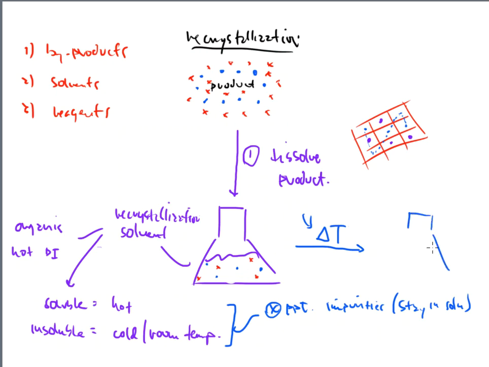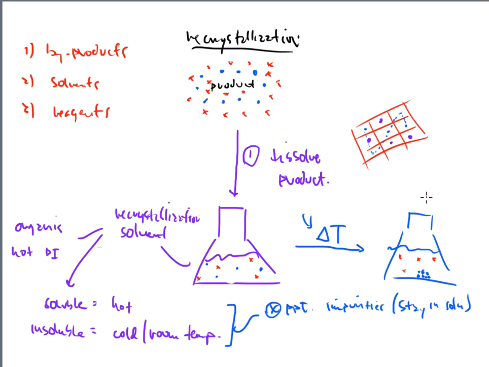And when that goes on, what I'll see is my product that I'm after clump together in the very bottom of the flask. It's recrystallized. It's now a solid again. But because my recrystallization solvent was chosen the proper way, my impurities will stay in solution.